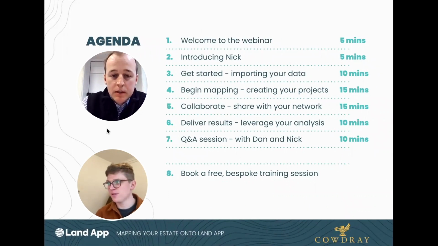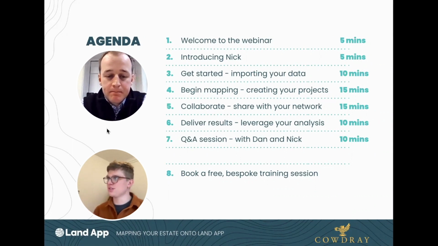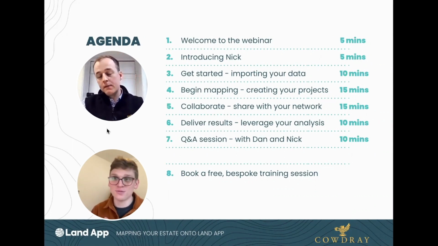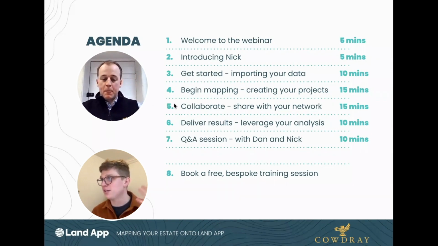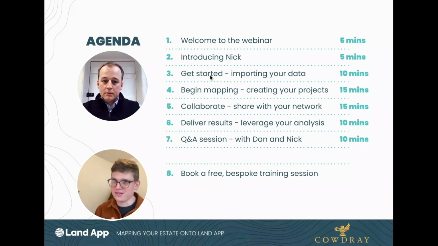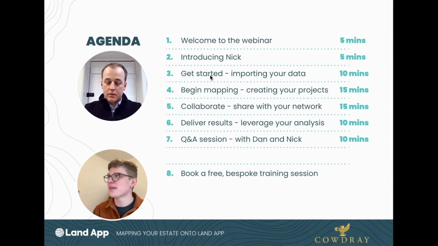Great. Well, thank you so much, Nick. I can see there's quite a few questions. I just wanted to quickly go through the agenda and what we've just covered, and then open the floor to the Q&A. So importing your data is mainly around that land registry data and the SBI number you have. Once you've created that ownership boundary, there's a lot of information the land app can serve to you, whether that's Ordnance Survey MasterMap or other data sets.